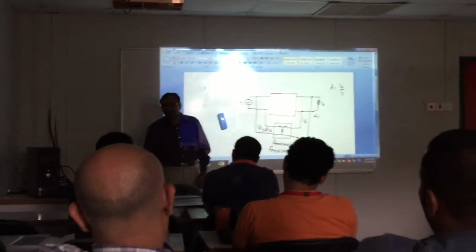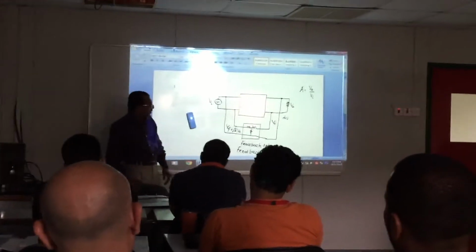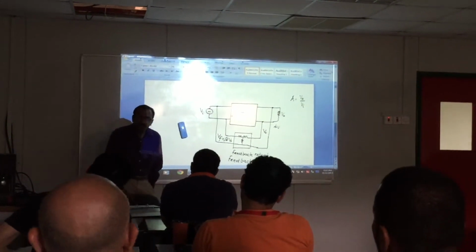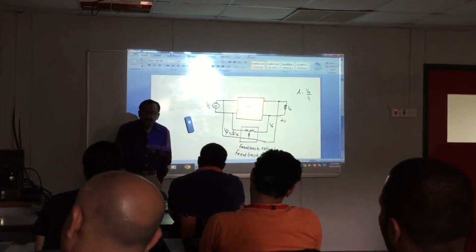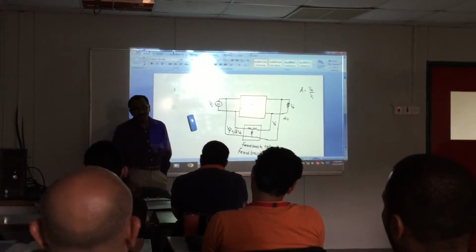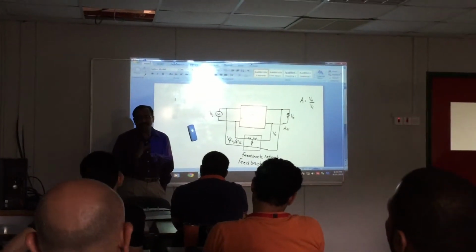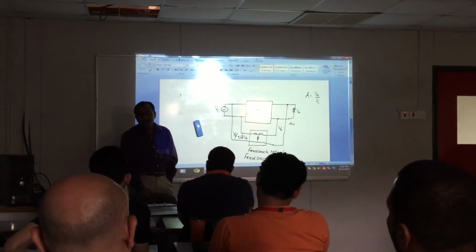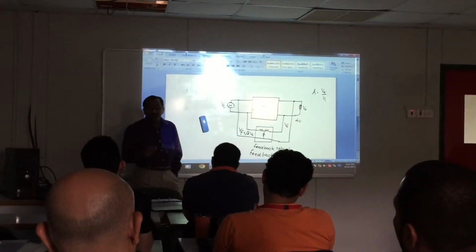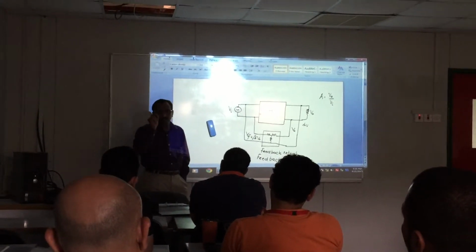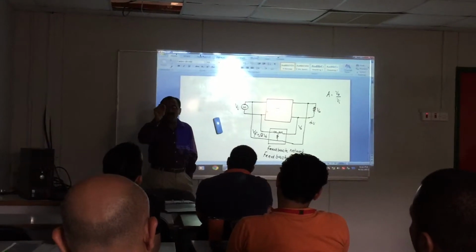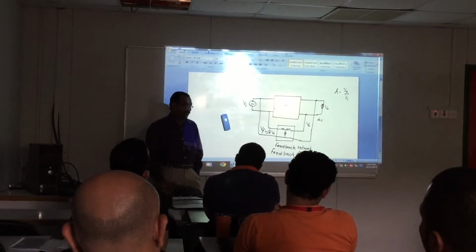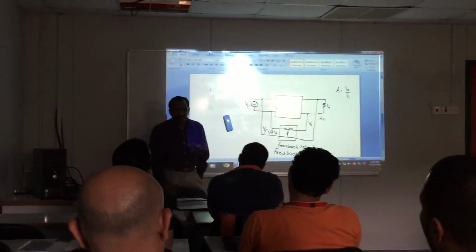That we will see. So my question is, what is the gain of the amplifier? Can you say that the gain of the amplifier A is equal to VO divided by VI? No. VO divided by VI plus VF.